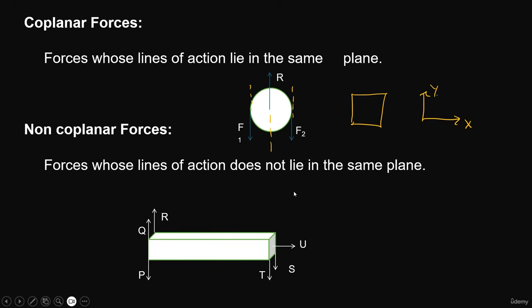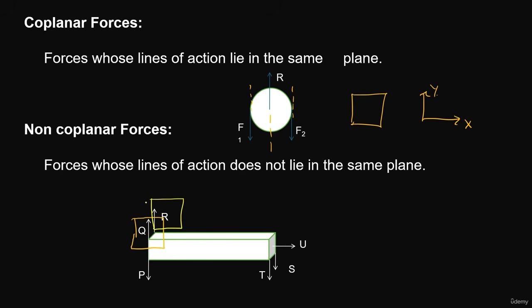Next is non-coplanar forces. The lines of action which do not lie in the same plane are called non-coplanar forces. You can see the Q force is present in this plane, and behind Q there is a force R that acts in a different plane.